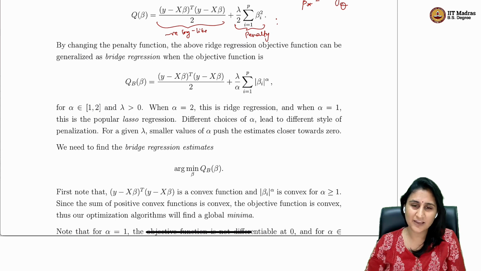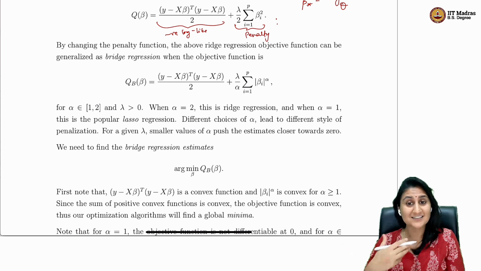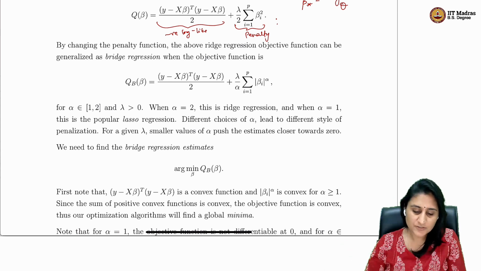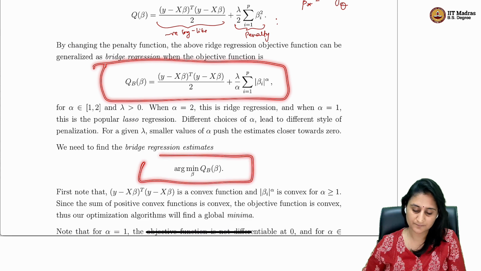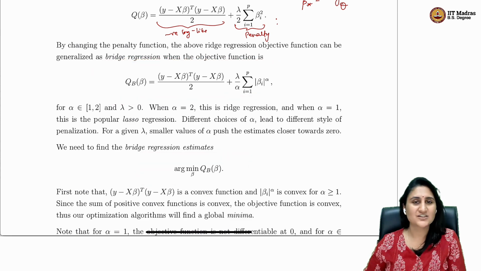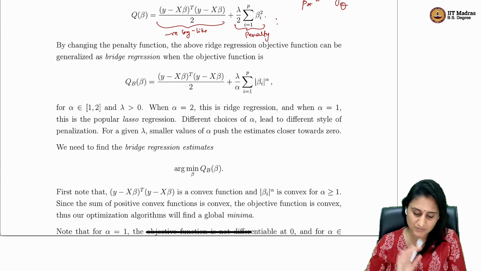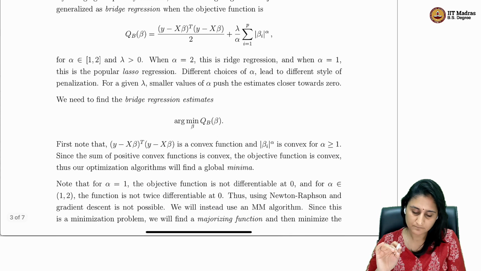We're not really looking at what sort of modeling choices go into choosing alpha and lambda from a statistical perspective, but rather we're just looking at the computational hurdles in actually finding solutions to this. Why bridge regression is interesting or useful is not the focus of this course. I just like to mention that.